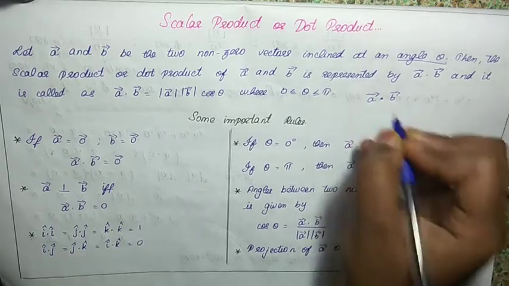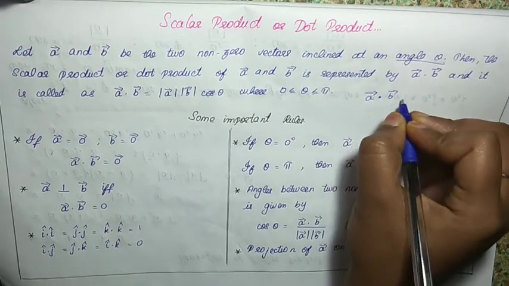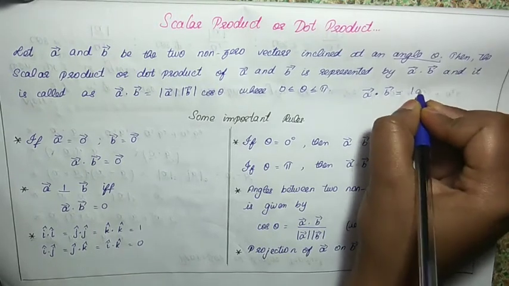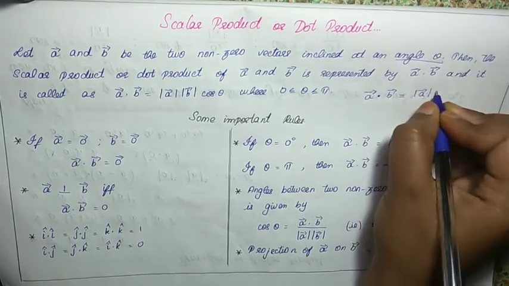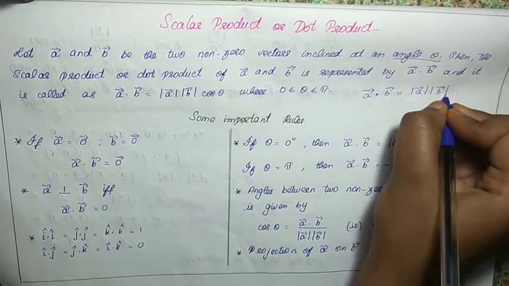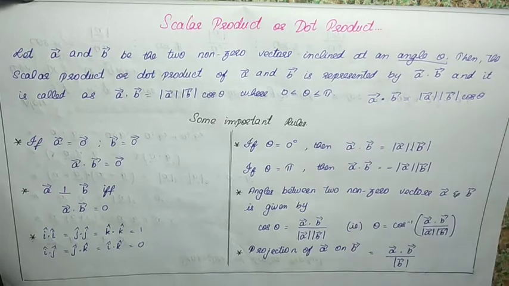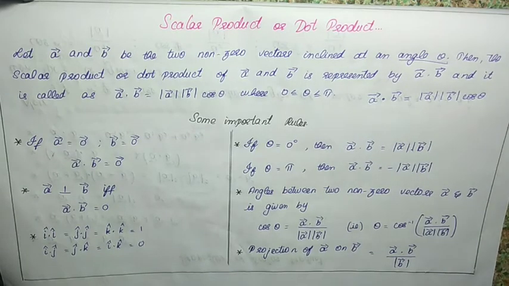If we multiply these two, then this is equal to the mod of a vector into mod of b vector into cos theta. If we have any two vectors, then we will have some angle, right?